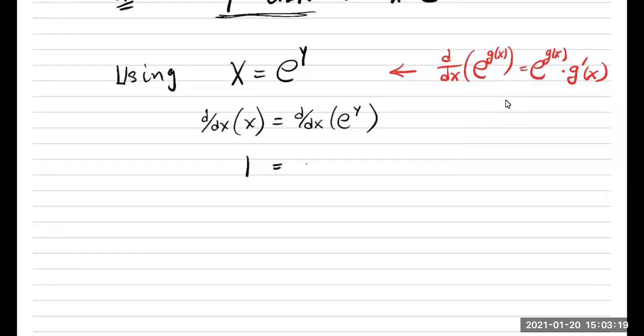Okay, on the right-hand side, it'll just be the function itself times the derivative of the exponent. Okay, now divide both sides by e to the y.